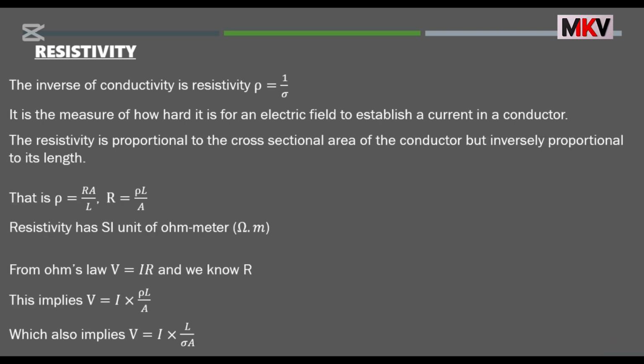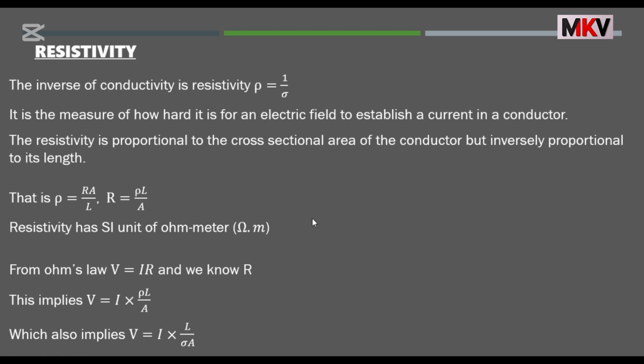Resistivity is proportional to the cross-sectional area of the conductor, but inversely proportional to its length. So mathematically, resistivity equals resistance times area over length. Now, the SI unit for resistivity is the ohm-meter.